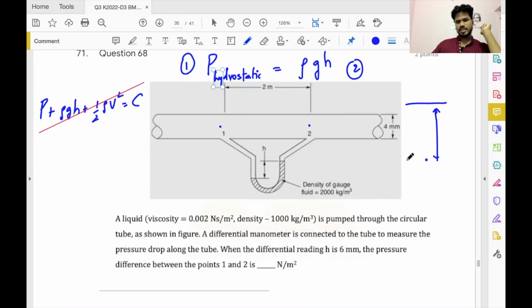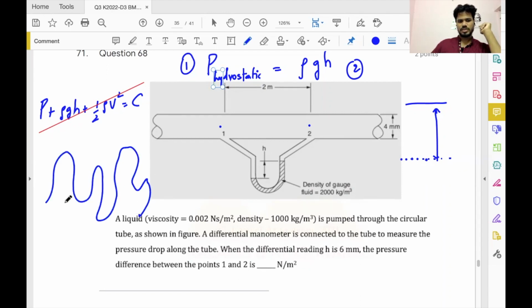And we also know one more rule: along the same horizontal line, pressure is one and the same. It holds good as long as the fluid is connected, regardless of whether the tube is going this way or that. Pressure here should be the same as the pressure here if this is horizontal. In fact, that's how siphons work, right? So pressure at all these points should be the same if the fluid is connected, say through a pipe.